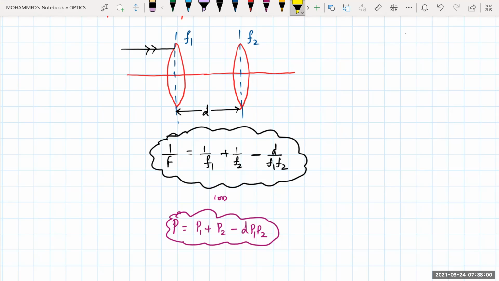So this will be the formula. Clear? This is a very important formula. When two lenses are kept at a certain separation d, how do you calculate the effective focal length?